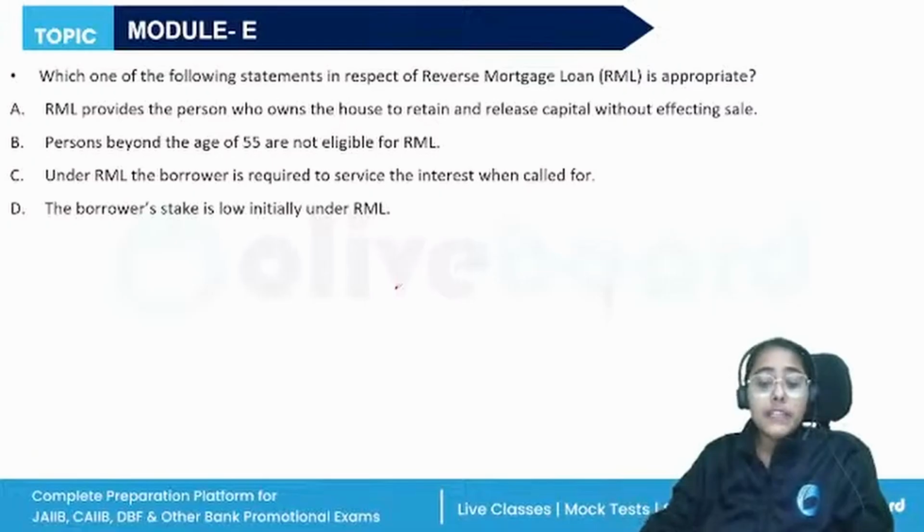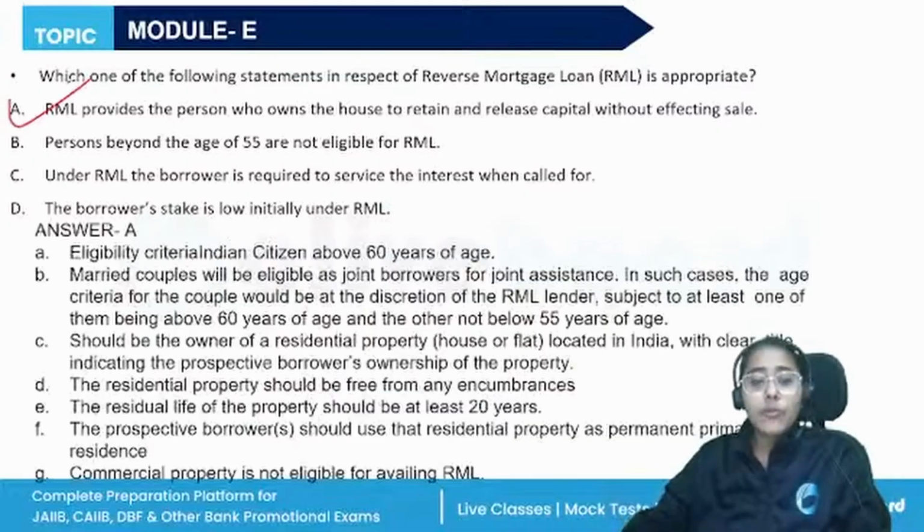And commercial property is not eligible for availing the RML. So the correct answer here, which of the following statements is appropriate, will be option A. It provides the person who owns the house to retain and release capital without affecting sale. All right, so this is the correct answer.